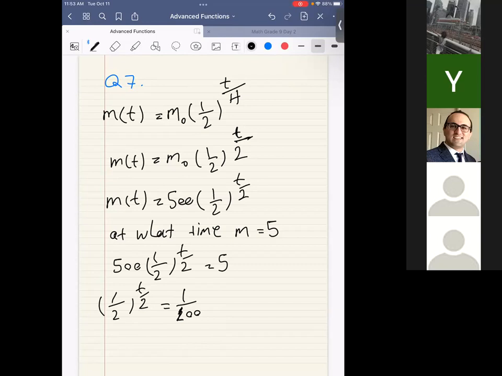So you can do this in different ways. Either you can take ln, you can take log, whatever you want. So I just take log with base 2.